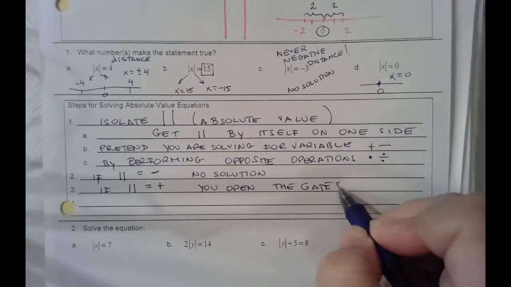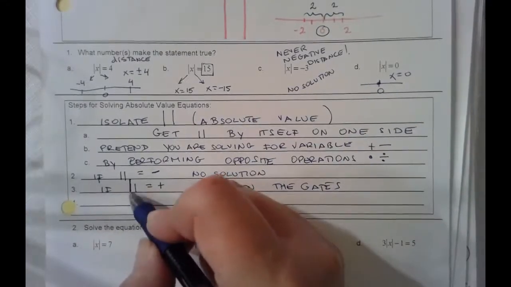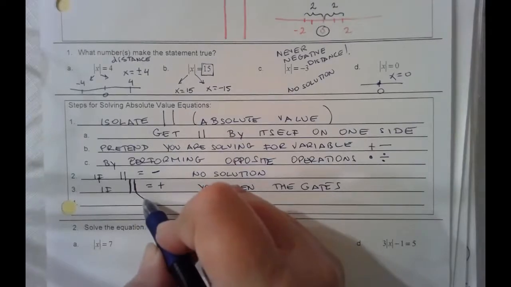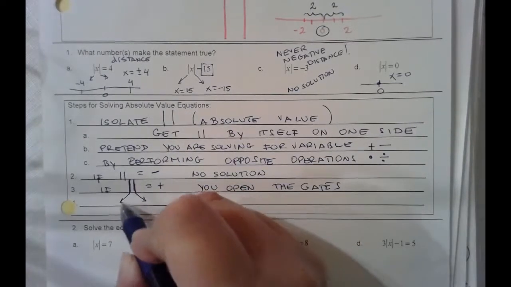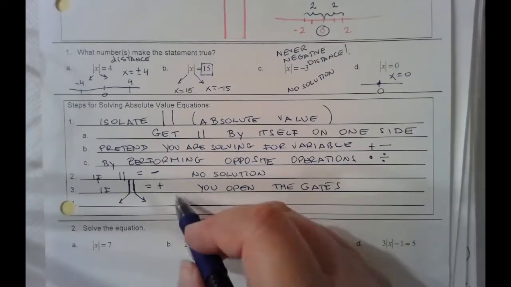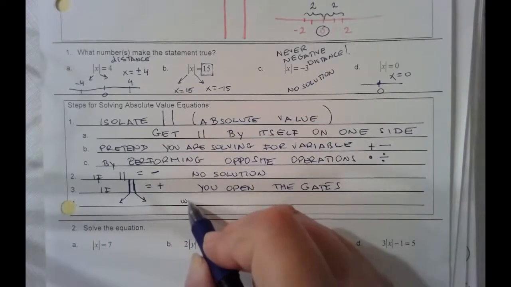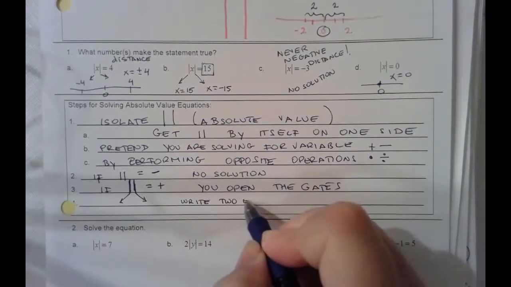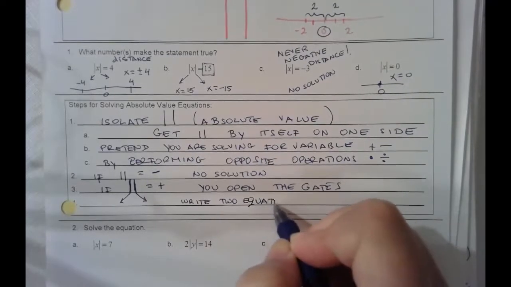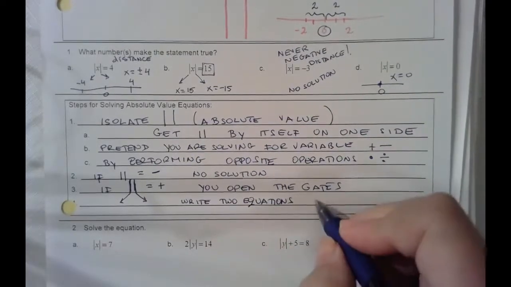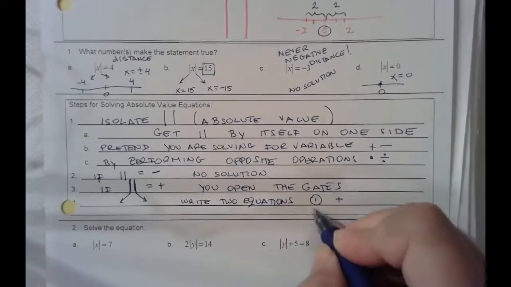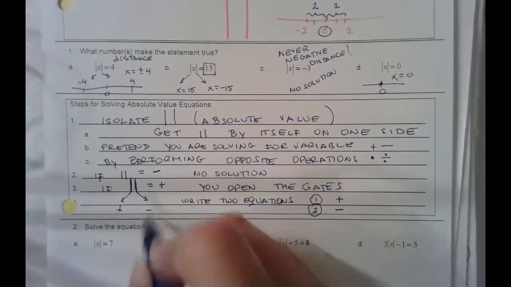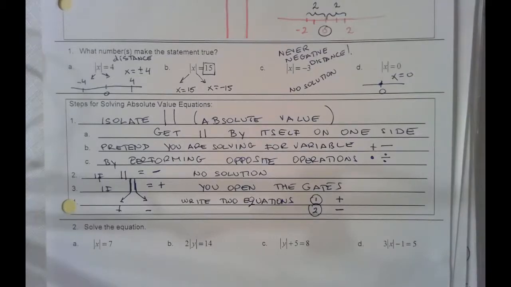If you pretend this is the castle, once your castle is by itself, you're going to open the gates and write two equations. The first equation is going to be positive and the second equation is going to be negative. I'll show you in a moment how that looks.